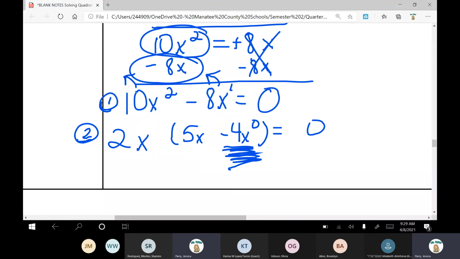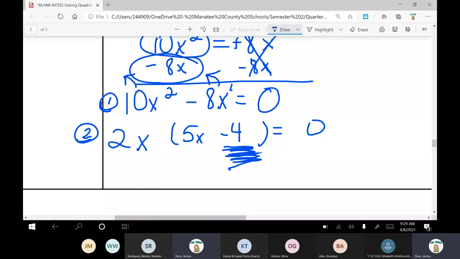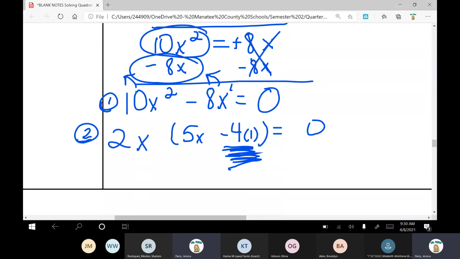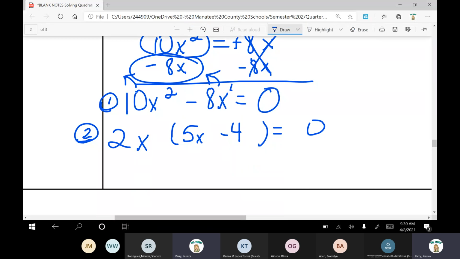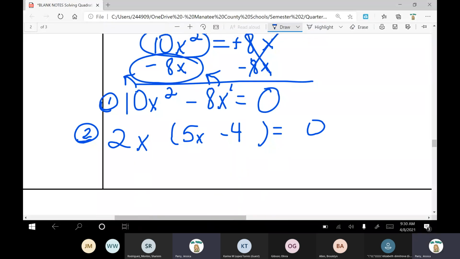We know that anything to the power of 0 is really equal to 1. So then we've got a times 1. And then anything times 1 is that anything. Or you can even just do the multiplication one step further. Negative 4 times 1 is negative 4. So then we just did our step 2 right there, factor the left side.